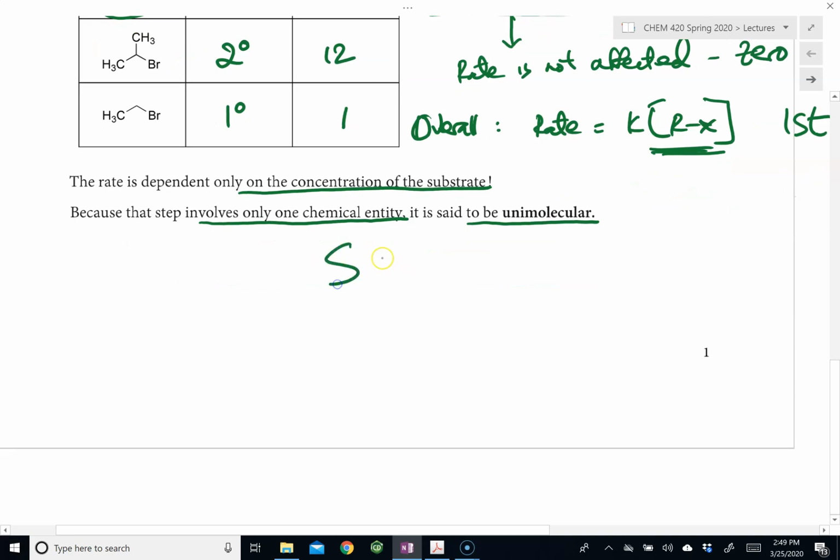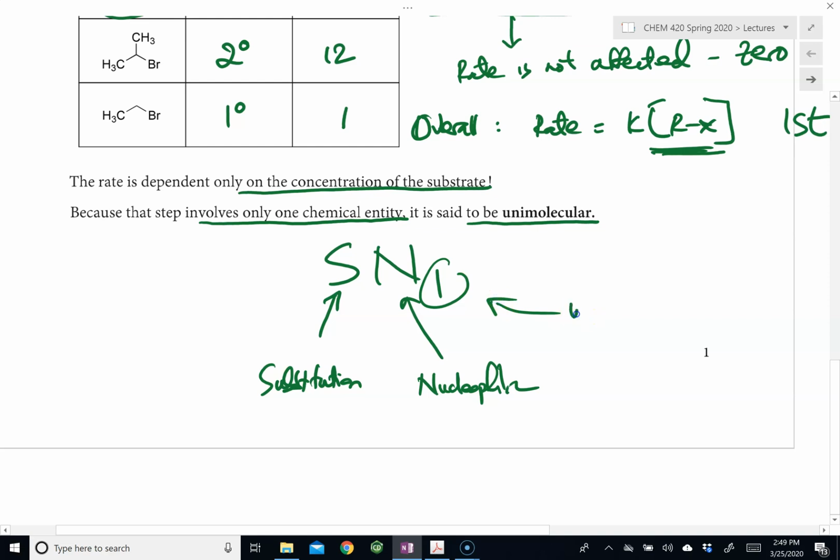In fact, SN1 means the following: S means substitution, N is nucleophilic, and 1 here means unimolecular. It is unimolecular because the rate of the reaction is dependent on only one chemical entity, the substrate, but not dependent on the concentration of the nucleophile.